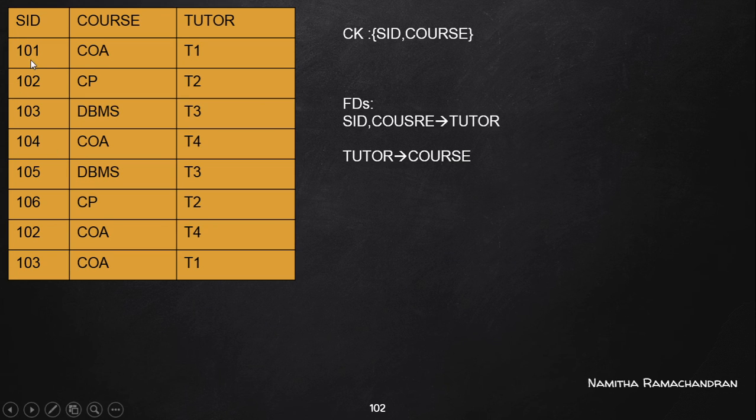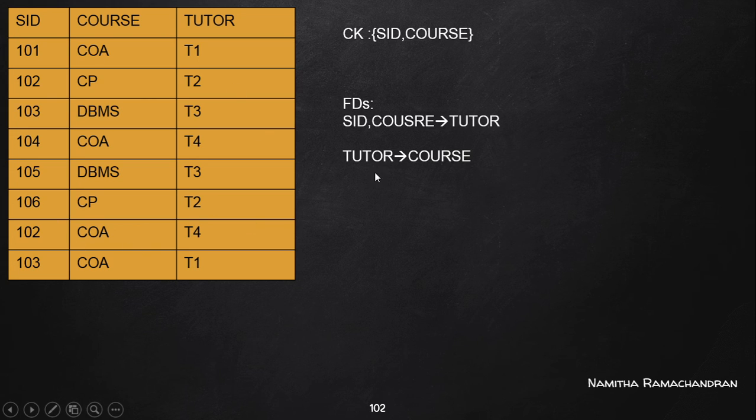If the SID and course values like 101 COA point to one and only one tutor ID T1, and if you are given SID 102 and course CP, this information points uniquely to T2, and 102 COA points only to T4. So this one uniquely derives the tutor value. This is a valid dependency over this given relation.